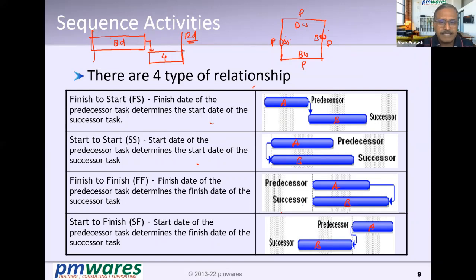Can't I start the plaster once one wall's brickwork is over? Yes. I can start my plaster once the first wall's brickwork is complete.